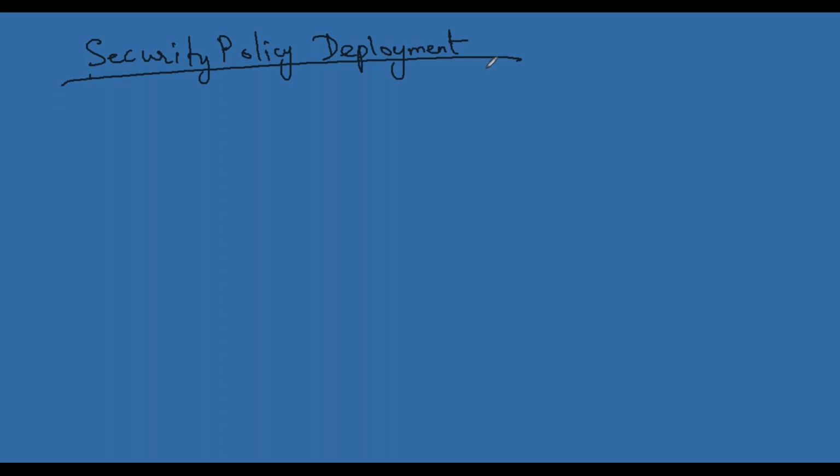Whenever you create a security policy, there are two approaches to it. One is the positive security model, and the other is the negative security model. Let me give you a very simple example of these security models.